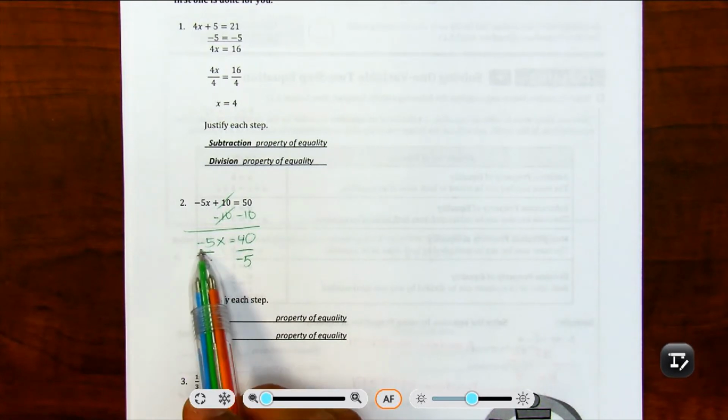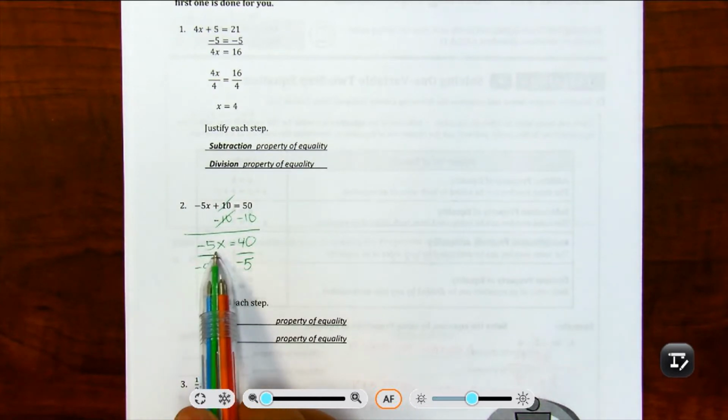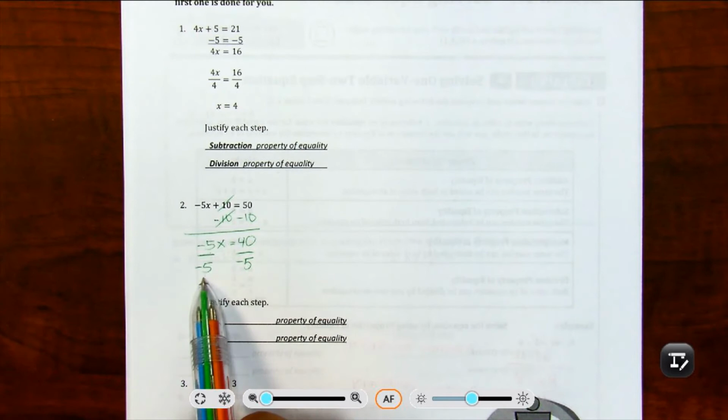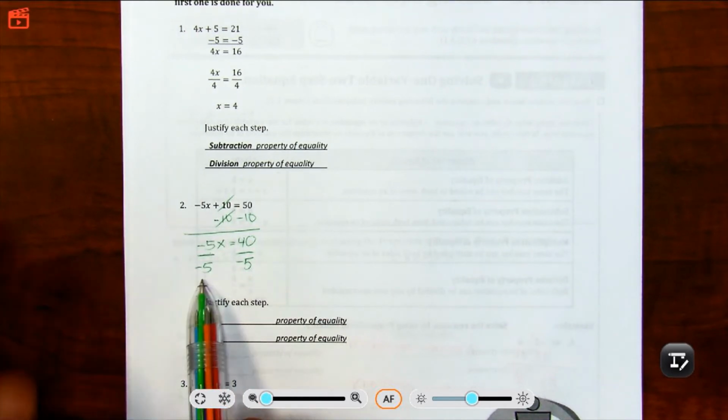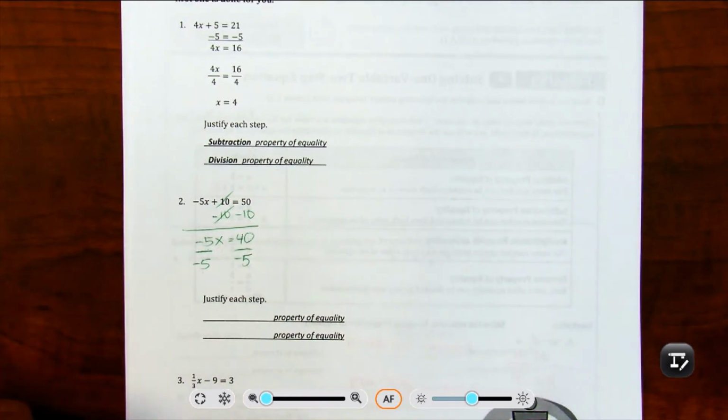But we're not talking about opposites, we're talking about inverse operations. The inverse of a multiplication is a division, and you're dividing by the number that you're multiplying by, if that makes sense. Or just to keep it simple, always divide by the number in front of x, including the sign.